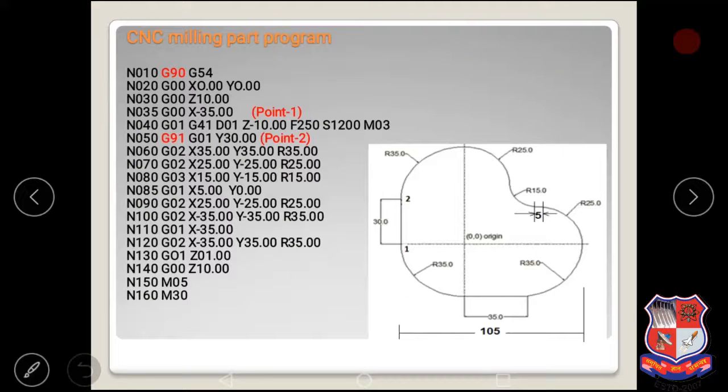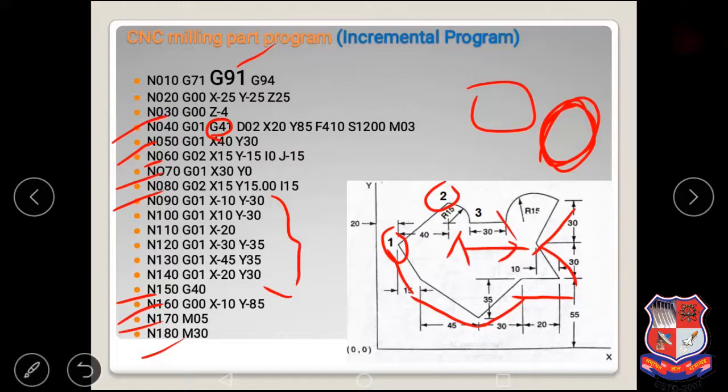So today we will start with another geometry, but at first look we have to find what is the difference between our previous job and this particular figure. In the previous job, the origin is given and the starting point is also given.